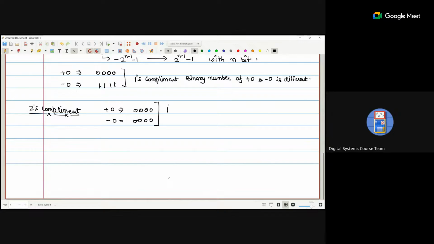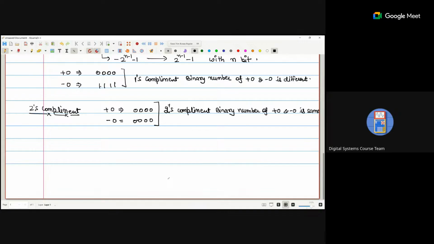So in the case of 2's complement, the binary number of plus 0 and minus 0 is the same. So the problem with sign magnitude and one's complement will be eliminated with the help of 2's complement.